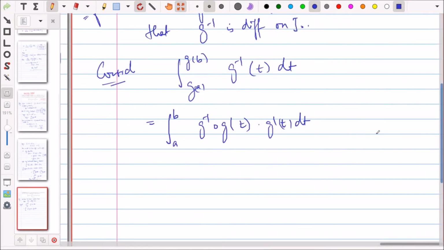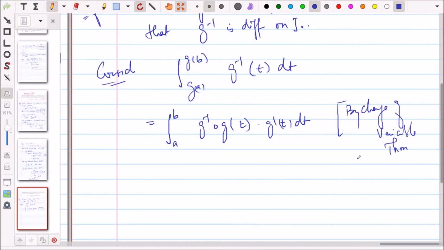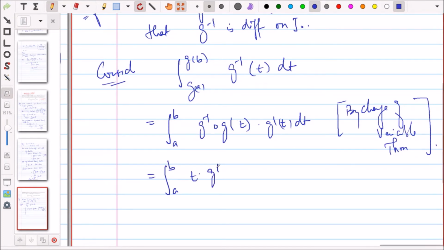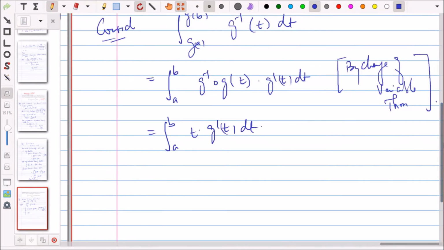Yes, sir. By change of variable theorem. Now this is nothing but the integral from a to b of g inverse of g(t) is t, times g dash(t) dt. Now what will we have to do? We will have to apply integration by parts, right?